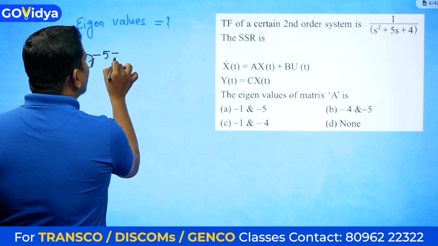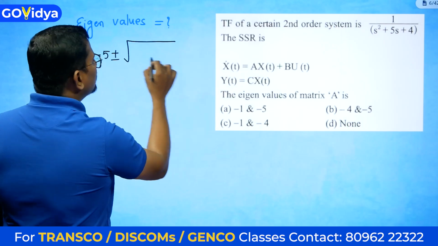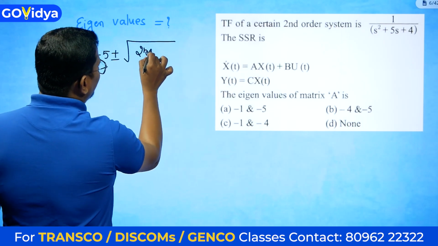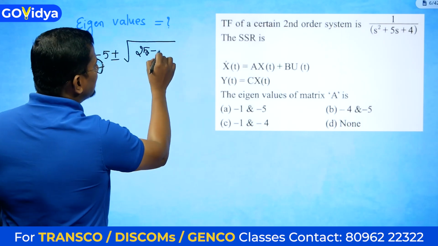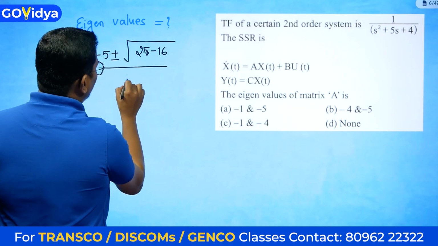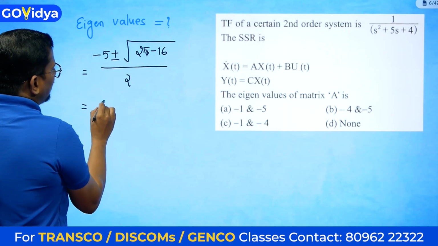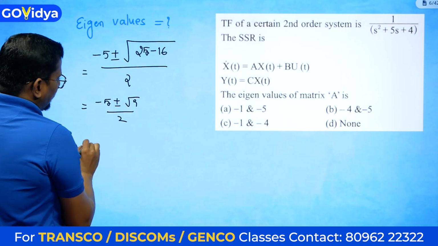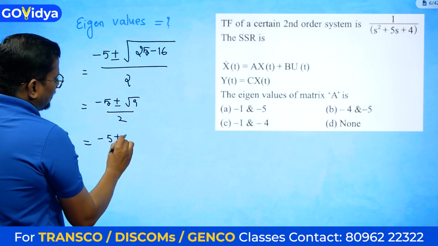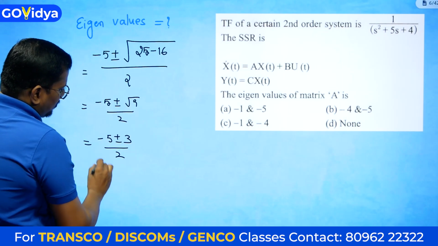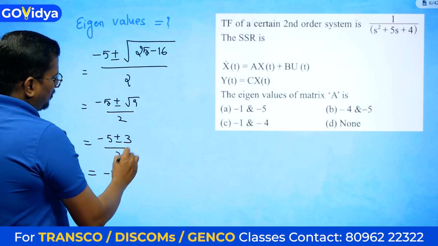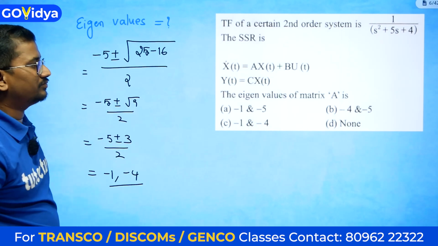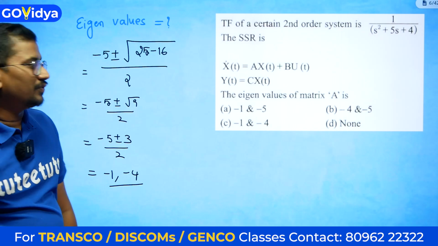Minus 5 plus or minus root of b square 25 minus 4ac 16, by 2a. Right? Minus 5 plus or minus root 9 by 2. Minus 5 plus or minus 3 by 2, which is nothing but minus 1 comma minus 4.